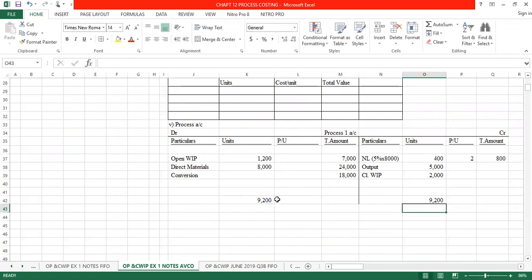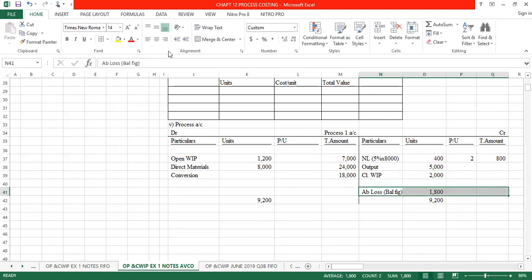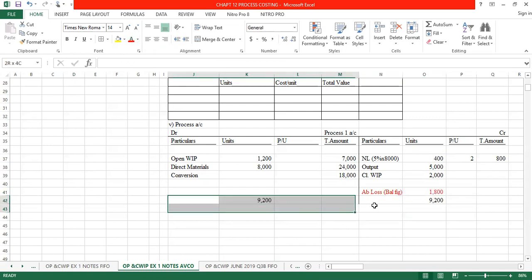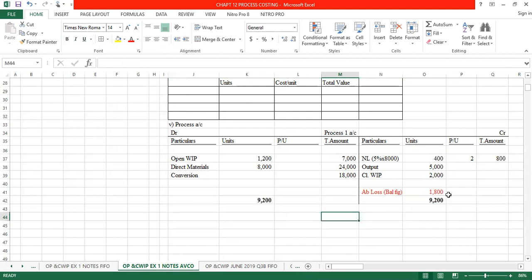Of course, it's a balancing figure. Abnormal loss is equal to 9,200 minus 400 minus 5,000 minus 2,000. So it gives you that.